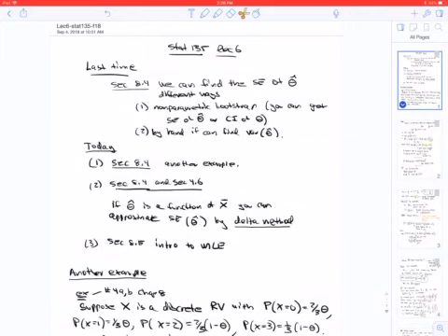Last time we looked at two ways to find the SE of a MOM estimator. You can either use a non-parametric bootstrap, in which case you can also find a confidence interval for your parameter, or by hand if you're able to find the variance of the MOM estimator.